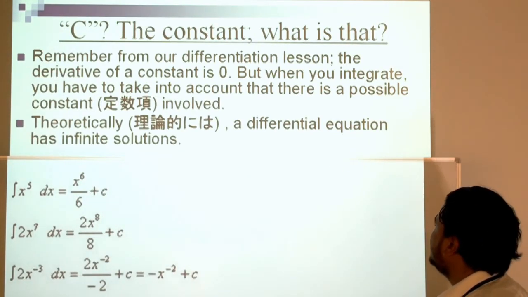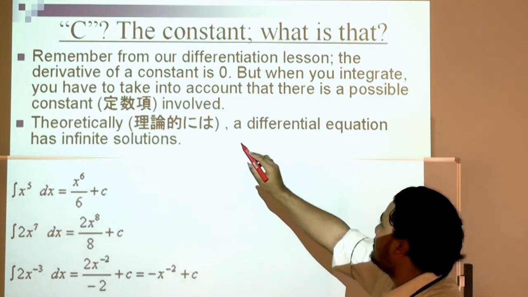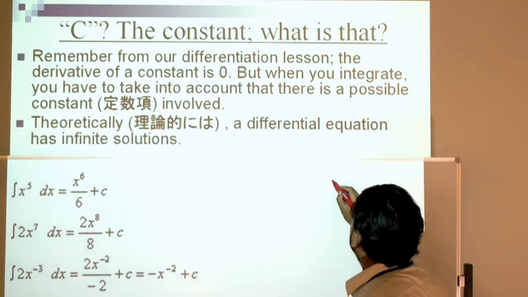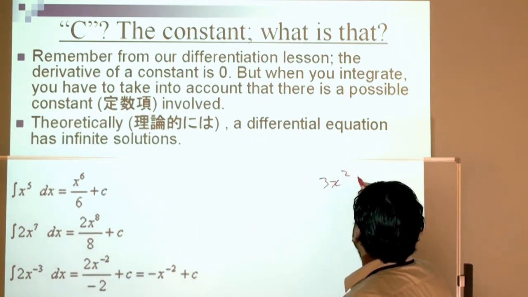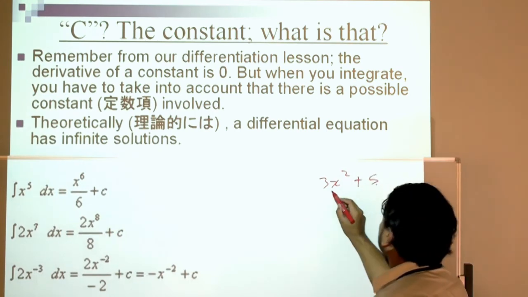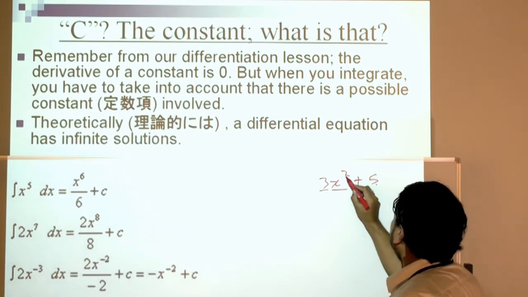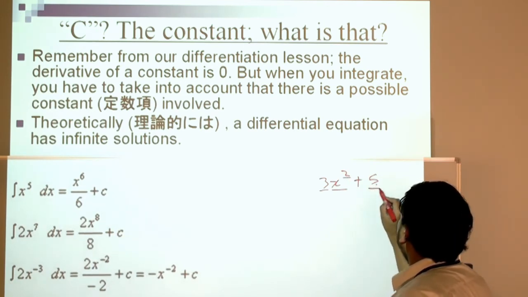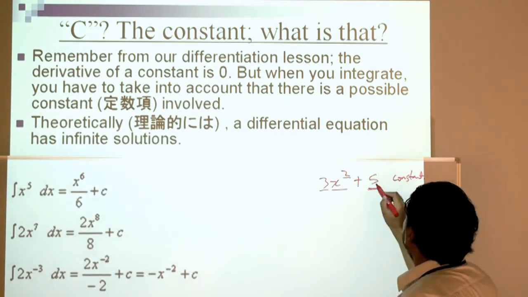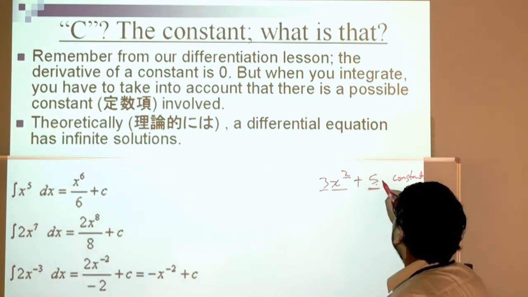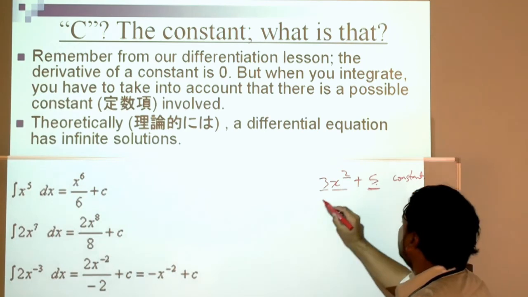Remember from our differentiation lesson, the derivative of a constant is 0. So, for example, if we have 3x squared plus 5, that's a coefficient, this is a variable, the x, that's a power or exponent, and this is a constant. Notice that the constant does not have a variable. There's no x or y. So this is a constant.